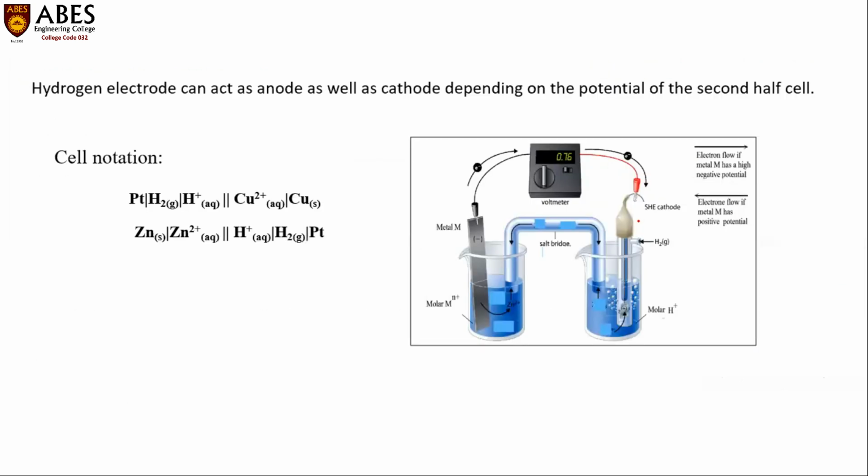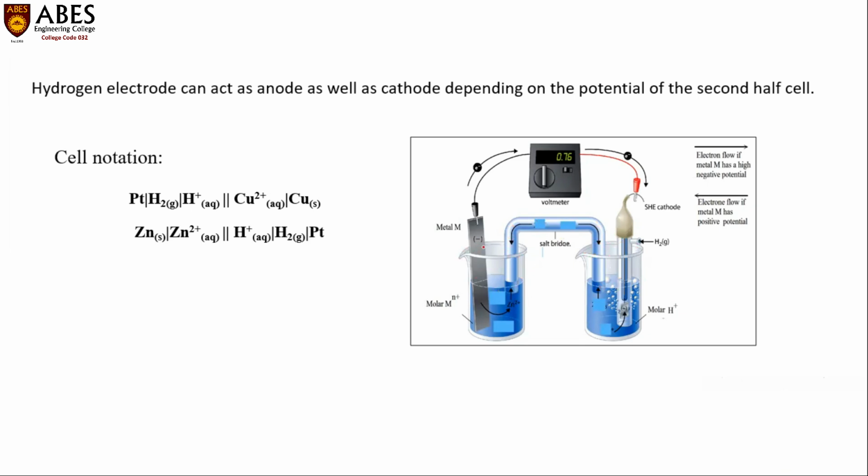Now we will discuss how, with the help of a standard hydrogen electrode, we can calculate the electrode potential of the half cell. This is an example of a cell in which the cell is completed with the help of the hydrogen electrode.